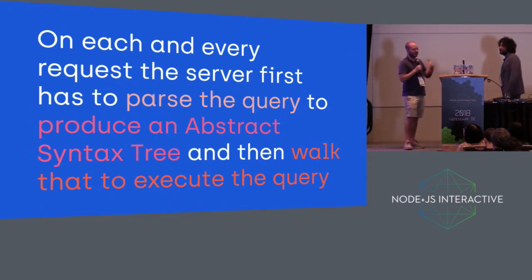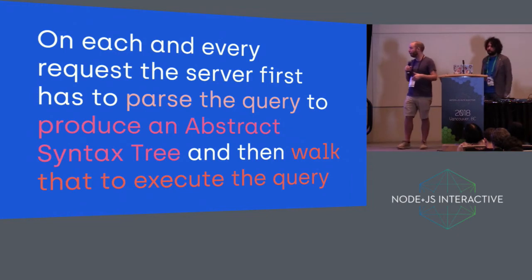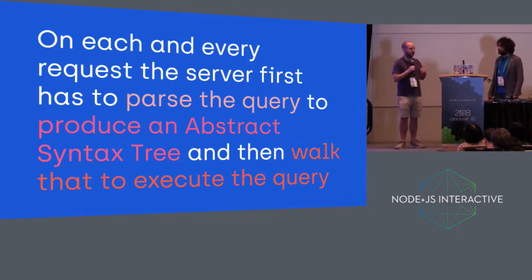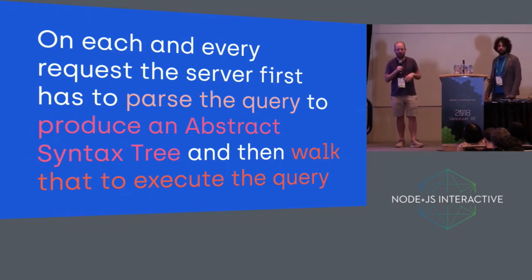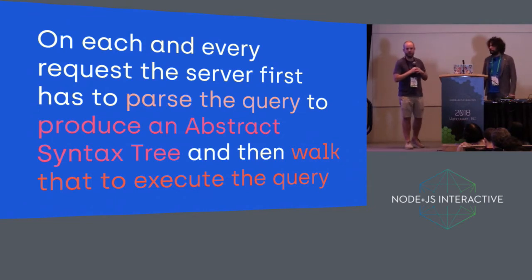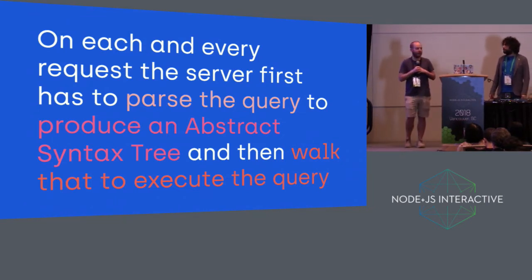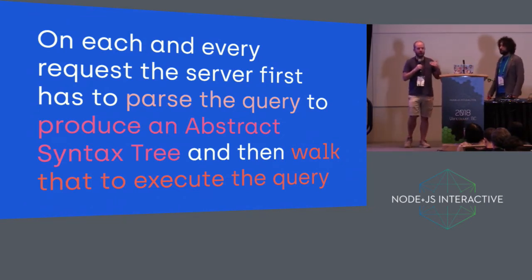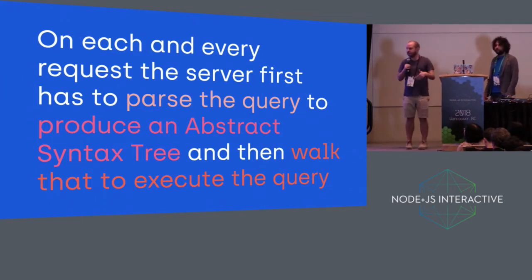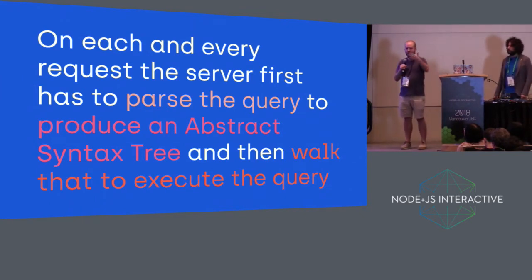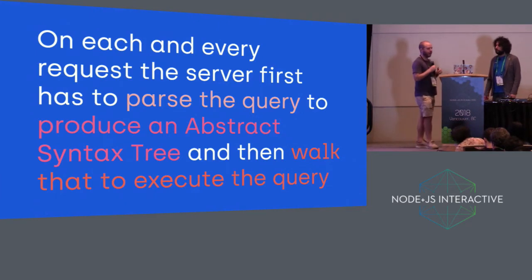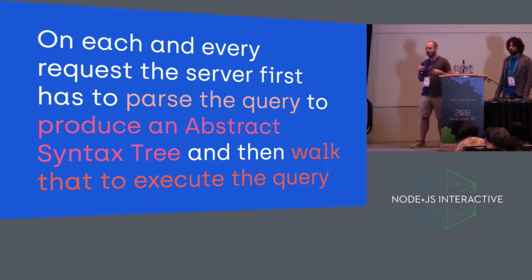So basically, we use this as a signal to go through the various code bases, and we just started reading one into another through the GraphQL code base, which is really solid in general, and found out that on every request your server gets, when you send a GraphQL query to it, the first thing the server has to do is parse that query.